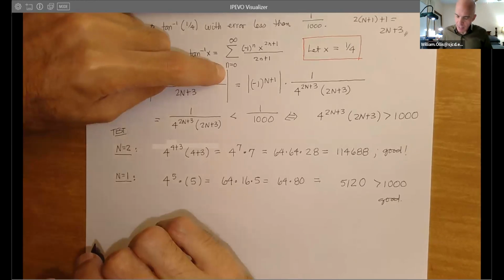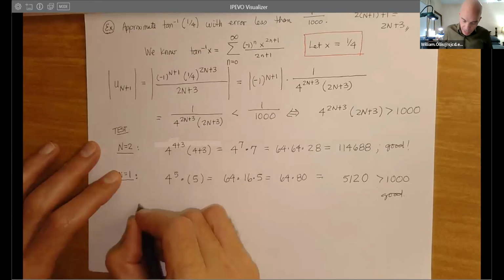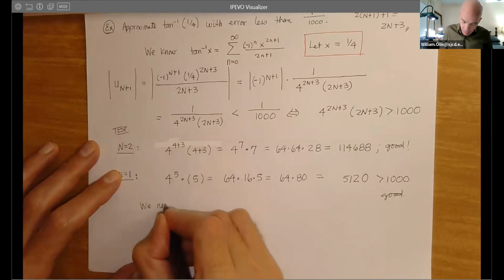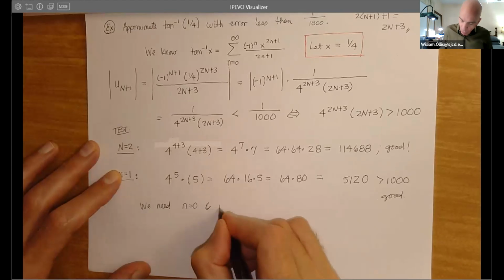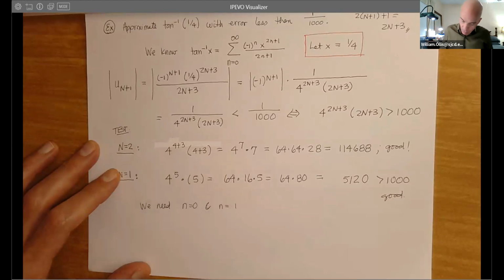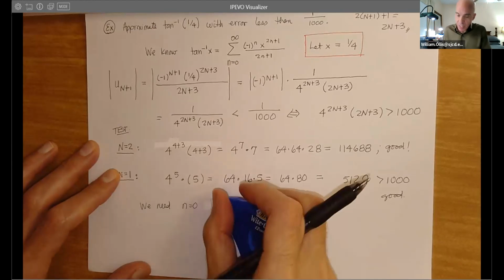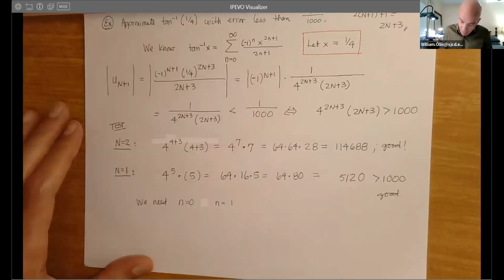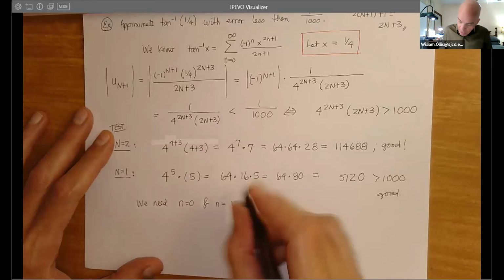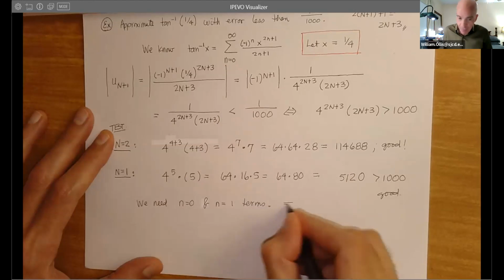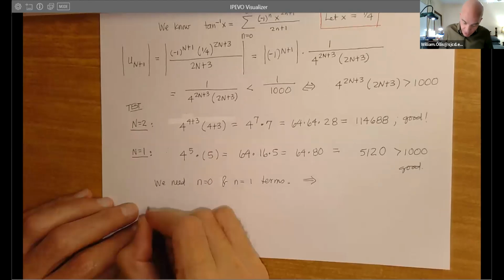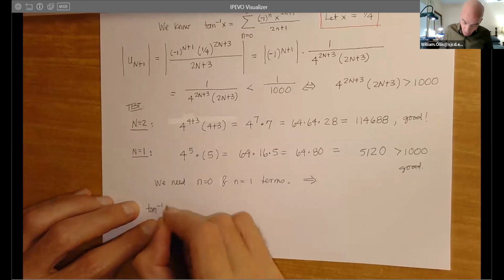So this basically says we need n equals 0 and n equals 1 terms. Because we're starting our series at 0, we have to keep that in context. We need these terms. So this implies the inverse tangent of 1/4.